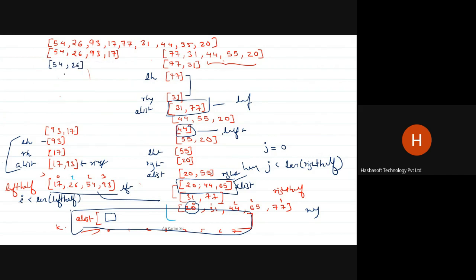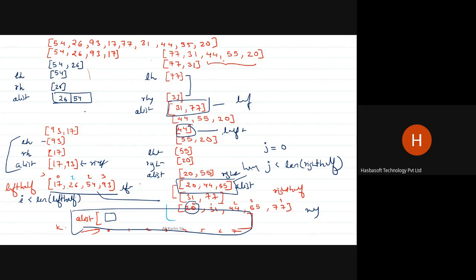Now we have split it again into 54 and 26. This became my left half, this became my right half. Now I need to compare both of the arrays, and I have to put it into my new array, that is 26 here and 54 here. This is going to be my list. This is the very first thing we will be doing. My program will be doing that.